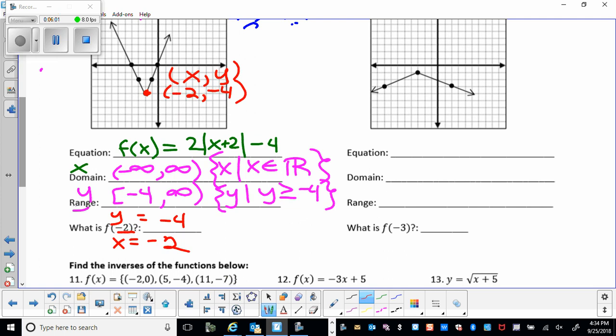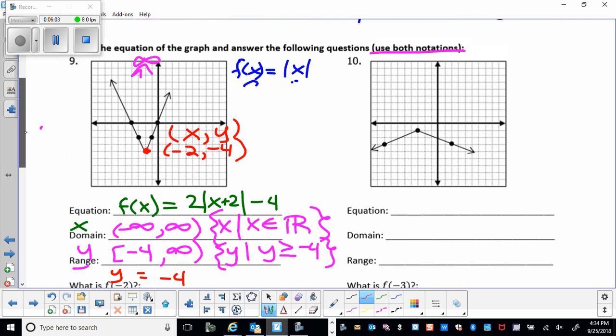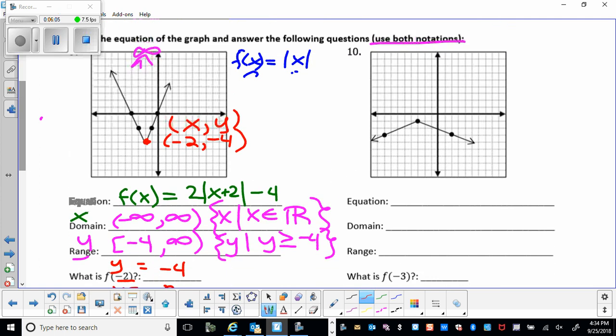All right, and then now for the next one, I've got 10, right? So I want to know the equation. I've got to look at where the vertex is, right? So I know it went from the origin, so it went 1, 2, 3. It went to the left 3. And I see that it went down 1. Okay? And then now I got to check out the slope too.